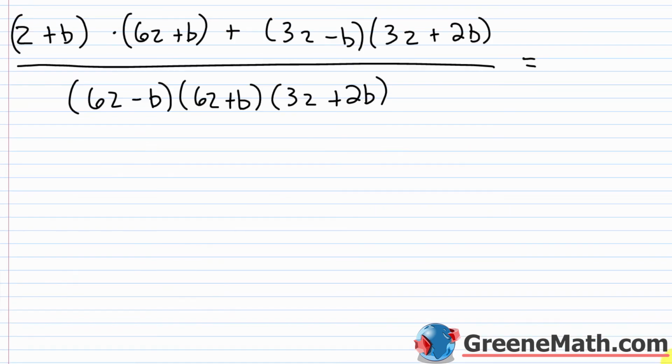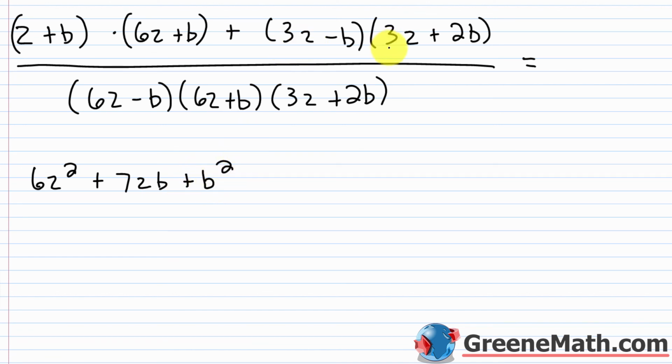So I'm going to use FOIL. Z times 6z is 6z squared. Z times b is zb. B times 6z is plus 6zb. If I combine these two, I get plus 7zb. And then for the last, b times b is b squared. So plus b squared.